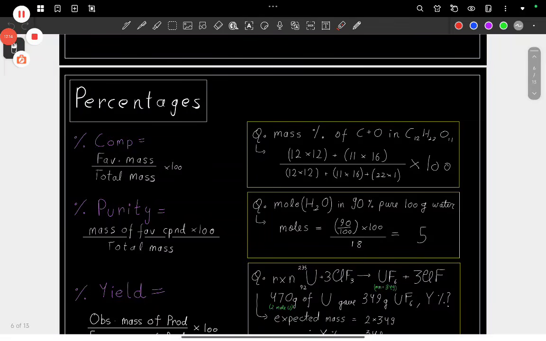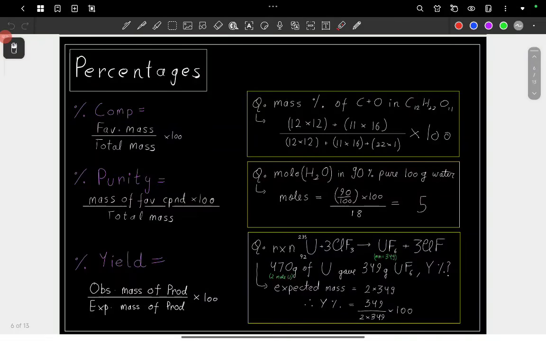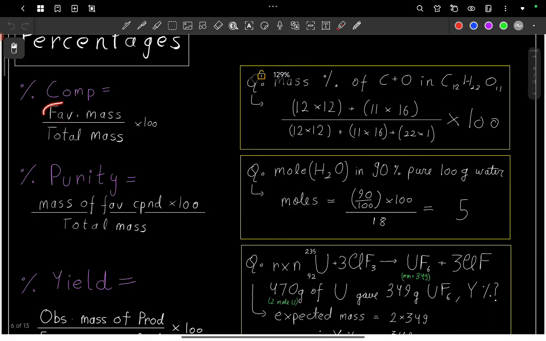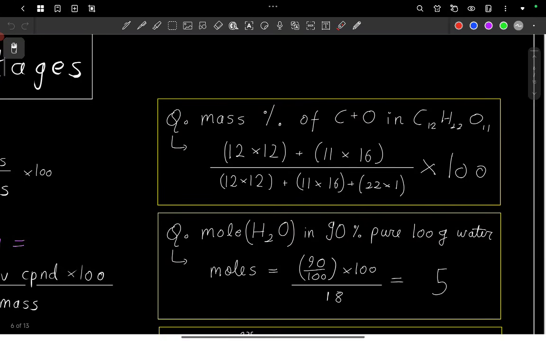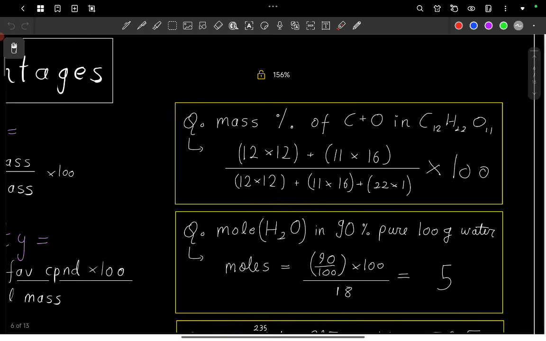Now these are some more definitions. These are percentages basically. If you are ever asked to find percentage composition of a compound, you just have to see favorable mass upon total mass into 100. That's it. For example, if I want to see what is the mass percentage of carbon and oxygen combined in cane sugar or C12H22O11, I just see the favorable mass.